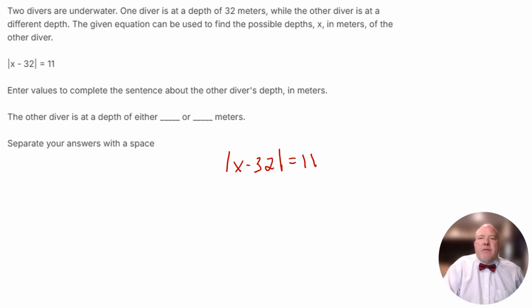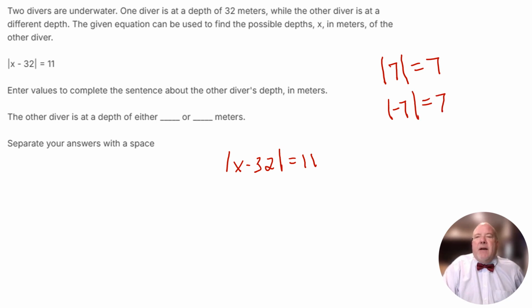Now, just a quick review of absolute value: the absolute value of 7 is 7, and the absolute value of negative 7 is also 7. So when you have absolute value, if it's a negative inside, it becomes a positive.